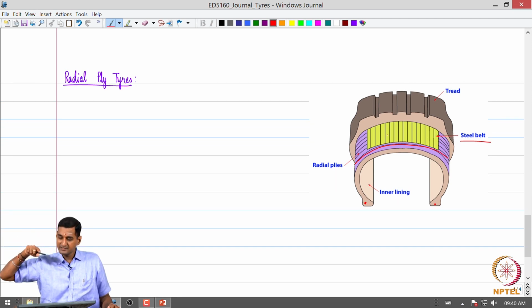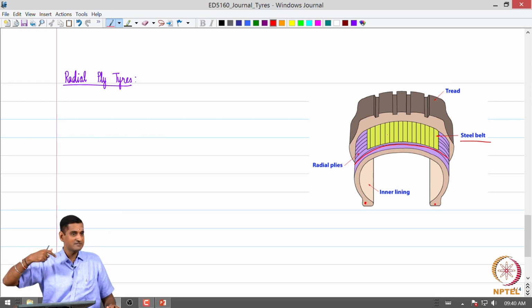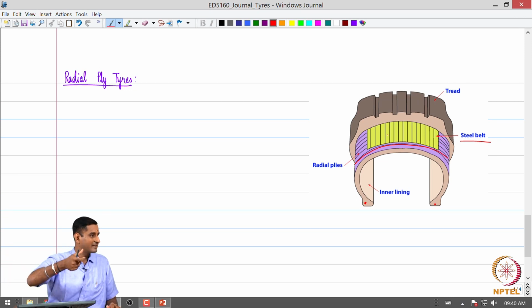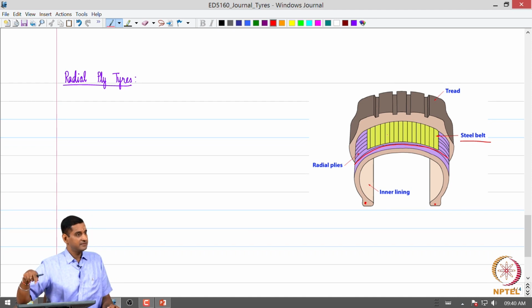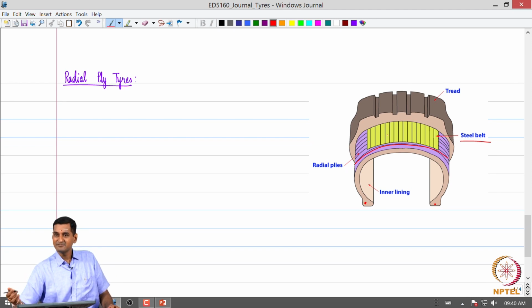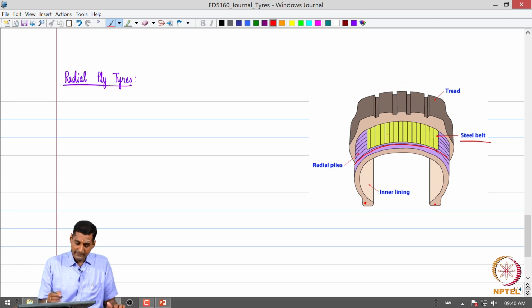If we want some stiffness along the circumference, we provide these belts, which typically have steel fibers. These are commonly called steel radial tires. So if you encounter the term steel radial tires, they are nothing but radial tires with these steel belts for additional support. So that is the radial ply tire.